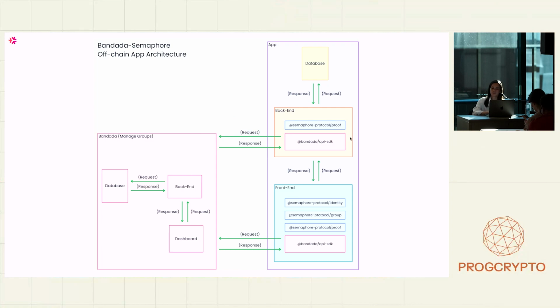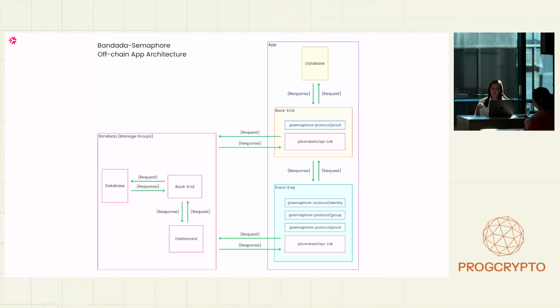And then also you can use in the backend the Bandada API SDK to get data about your group. And then in the front end, you will have the Semaphore identity package to create the identity. You will have the group package to generate the proof.